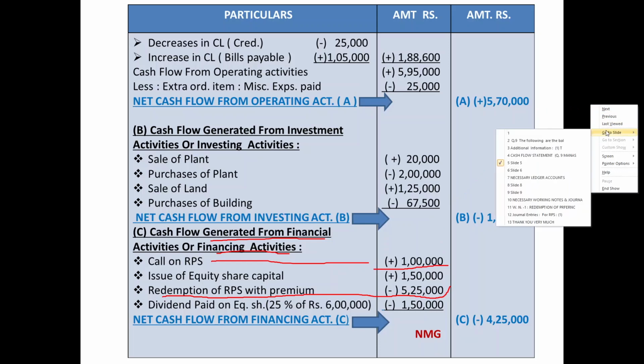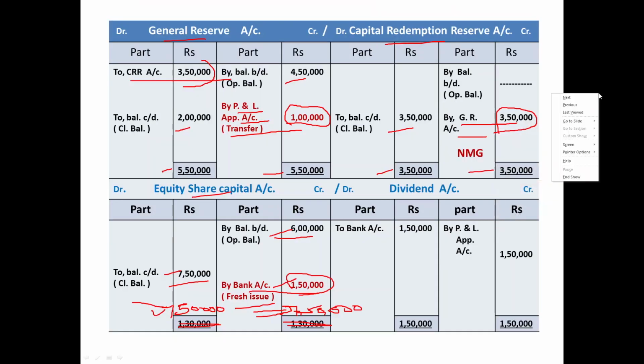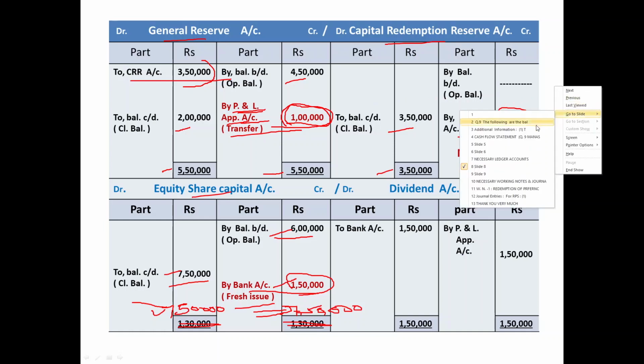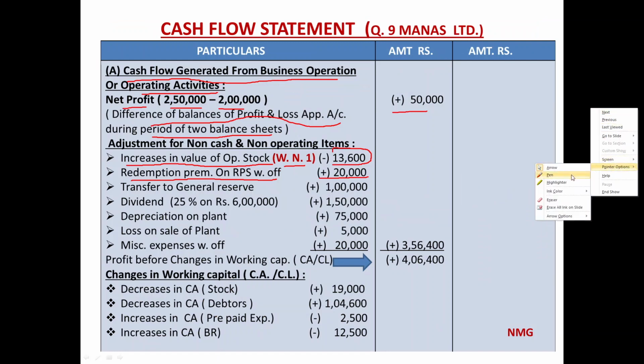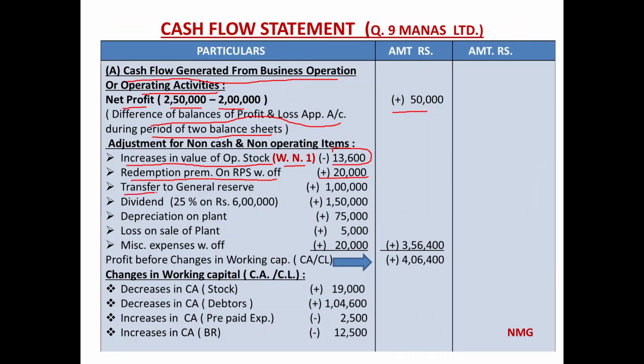Next ledger account related with RPS redemption process. General reserve account. On the credit side, title came profit and loss appropriation. Merely it is a transfer. It is a non-cash item. It is a non-operating item. So let us add it back in the current year's profit once again: transferred to general reserve, rupees 1 lakh. Transferred to general reserve plus 1 lakh.